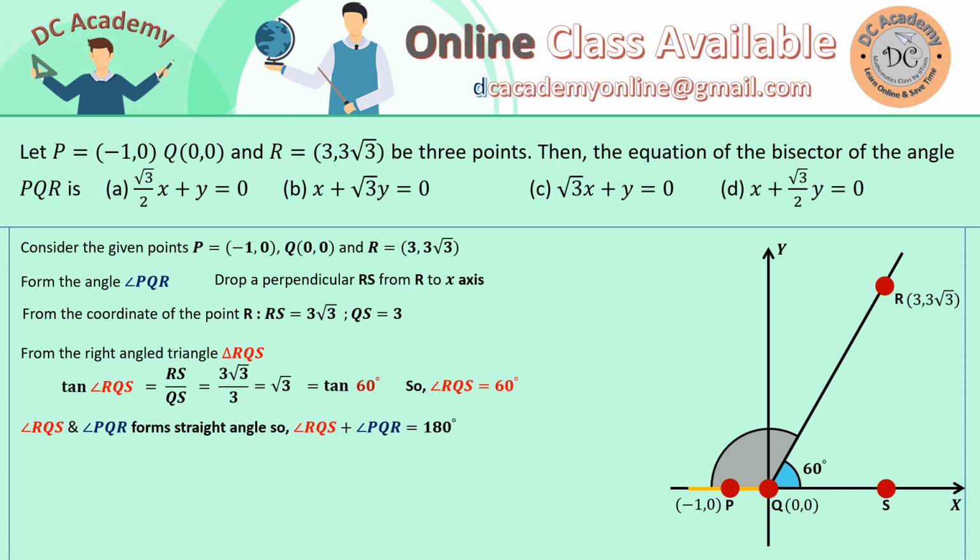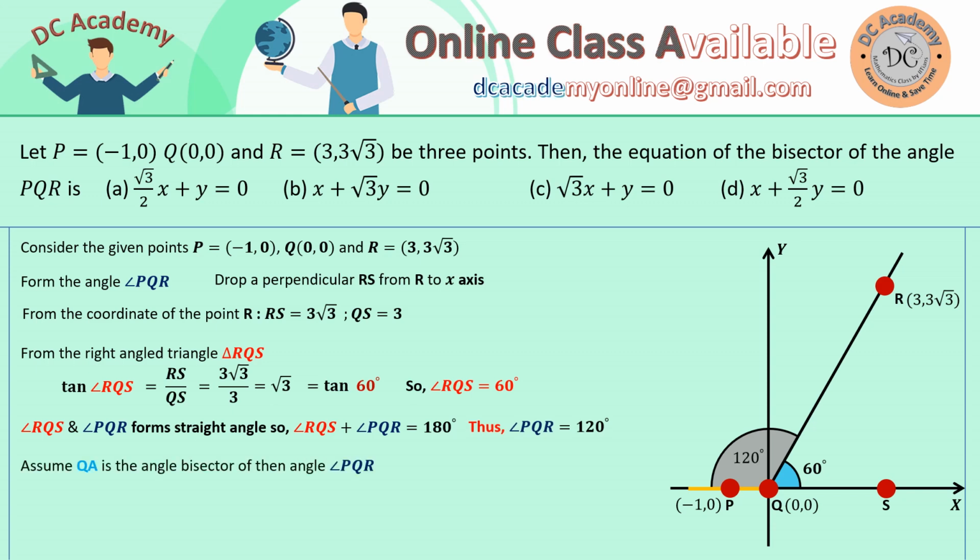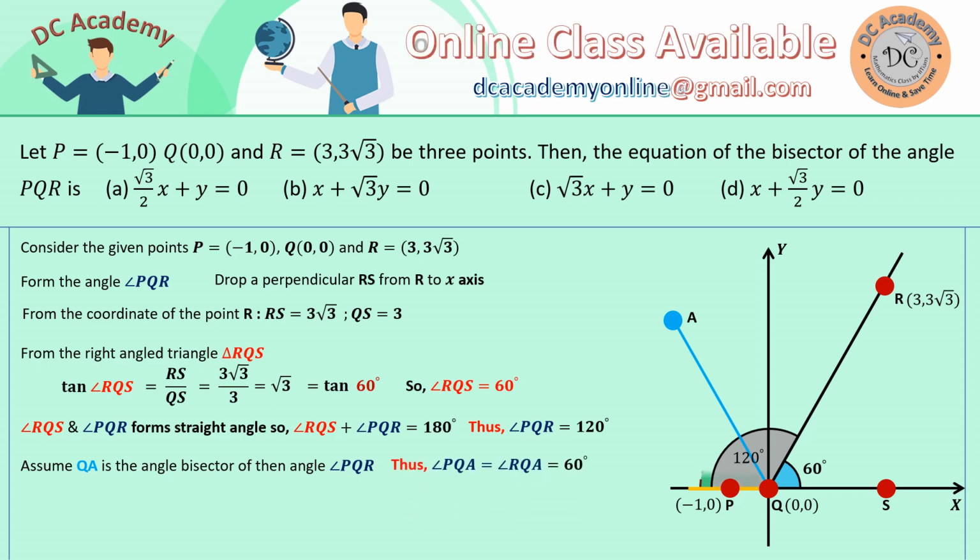By subtraction, the angle PQR is 120 degree. Now we draw the angular bisector QA. This QA divides the angle PQR into two equal angles, each of measure 60 degree, which is the property of angle bisector.